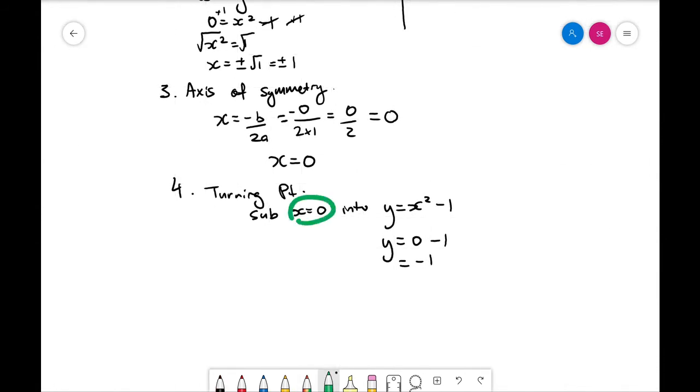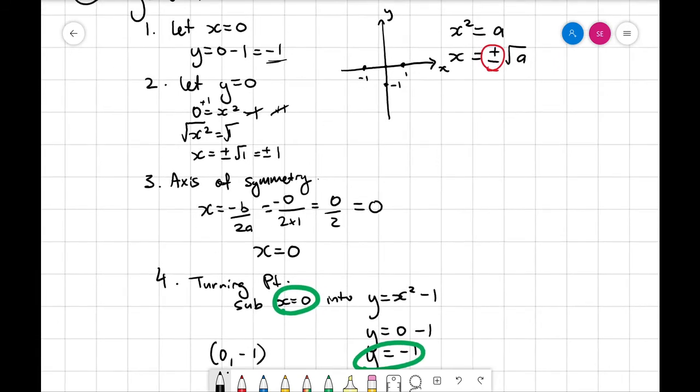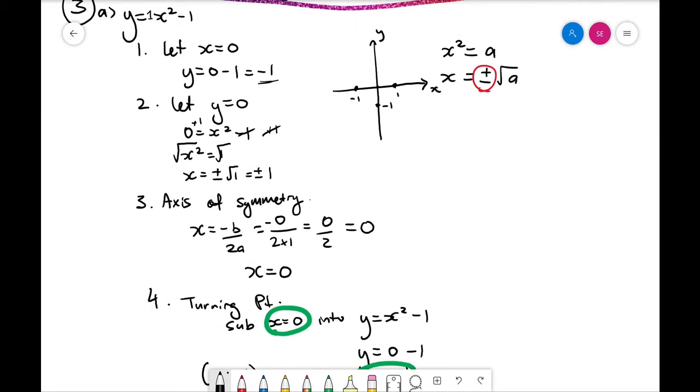So if we use this information here and this information here, we'll get our turning point of 0, minus 1. Perfect. So we can draw our quadratic equation. It's going to pass through this point here, and then it's going to turn around at 0, minus 1, and then head back up. And that makes sense. We know it's going to be a smiley face because it's a positive coefficient in front of the x squared.